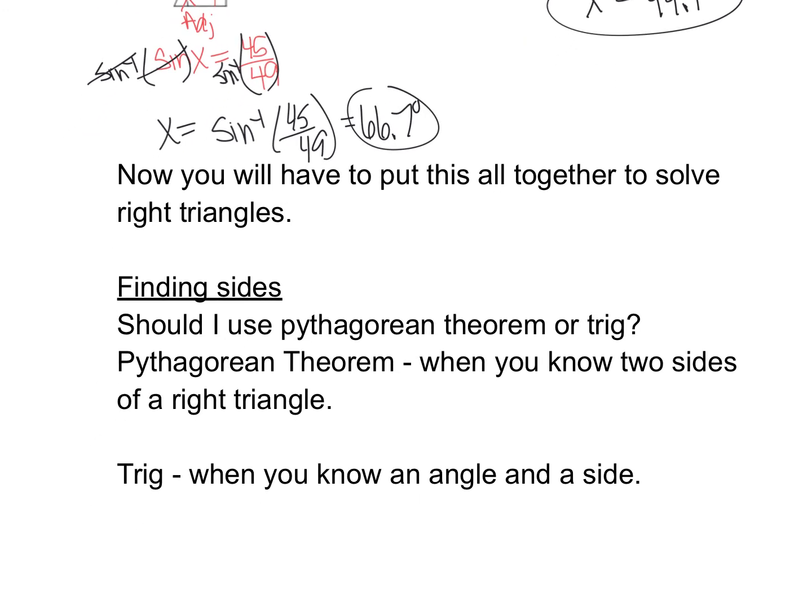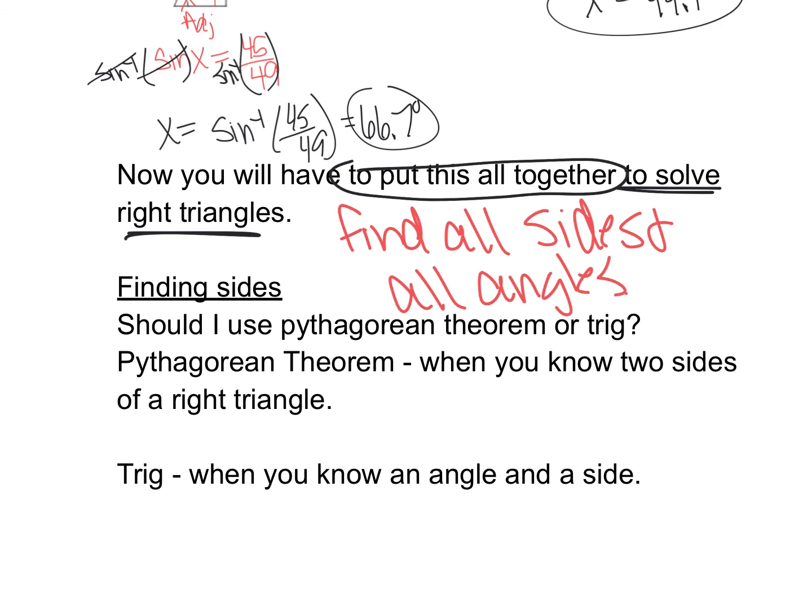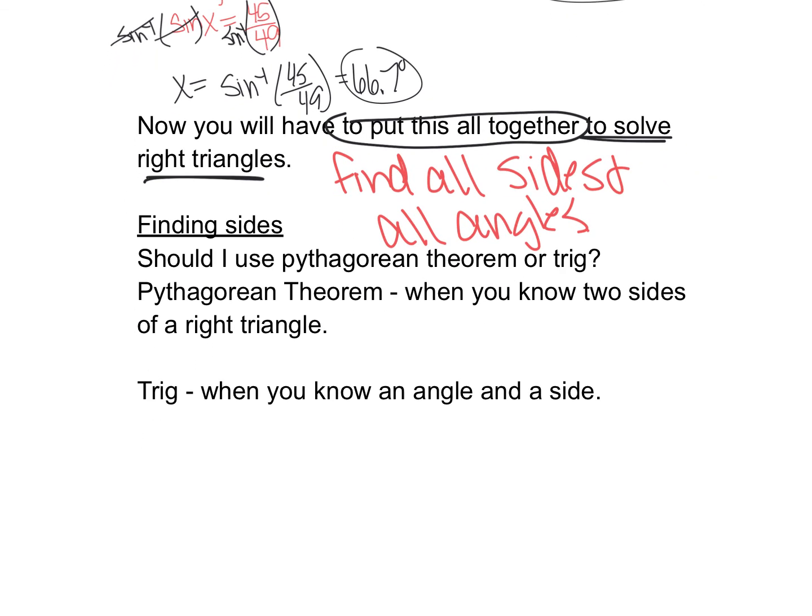Okay, so what your homework is actually going to be is putting all of this together. When you put this all together, it's called solving right triangles. When you solve a right triangle, that means you find all the sides and all the angles. So if you're finding sides, we talked about two ways to do that: the Pythagorean theorem and trig.